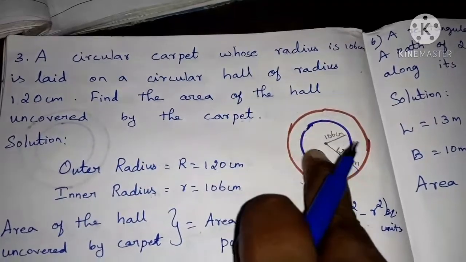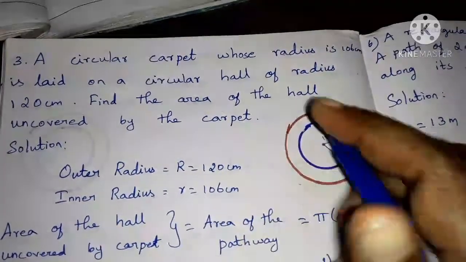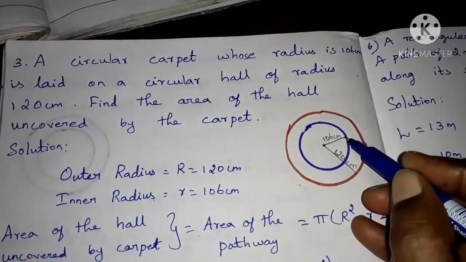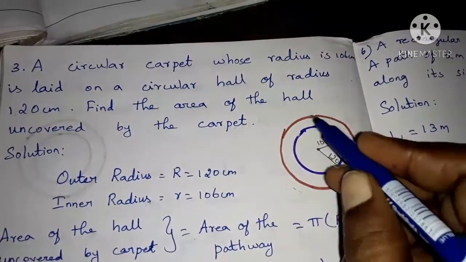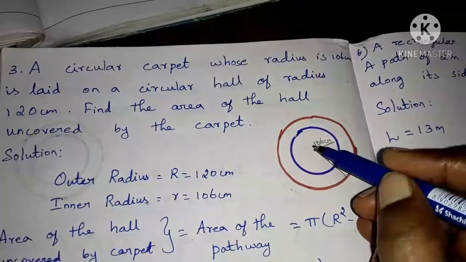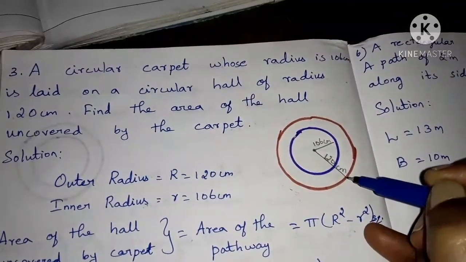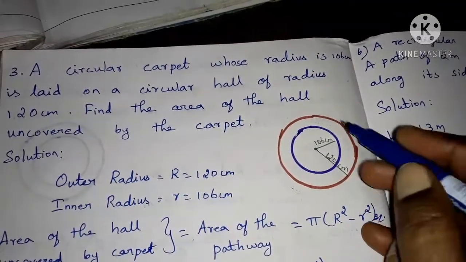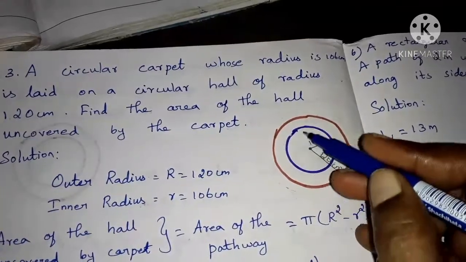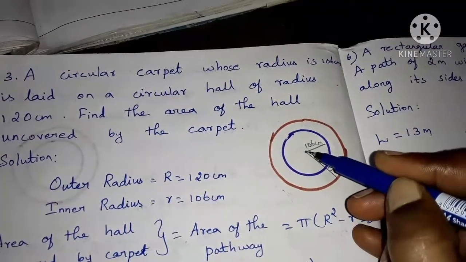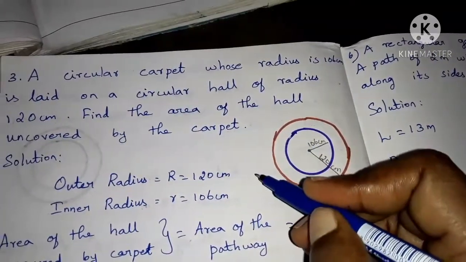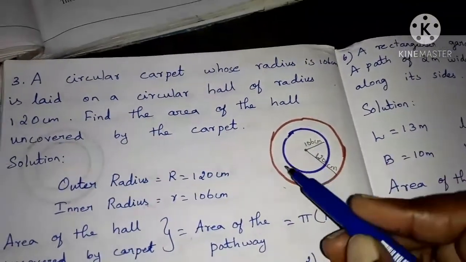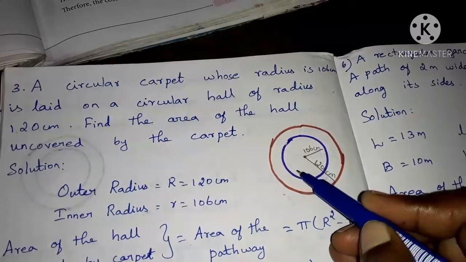So we have one circular carpet of radius 106 centimeter laid on a circular hall of radius 120 centimeter. We have to find the area of the hall uncovered by the carpet.